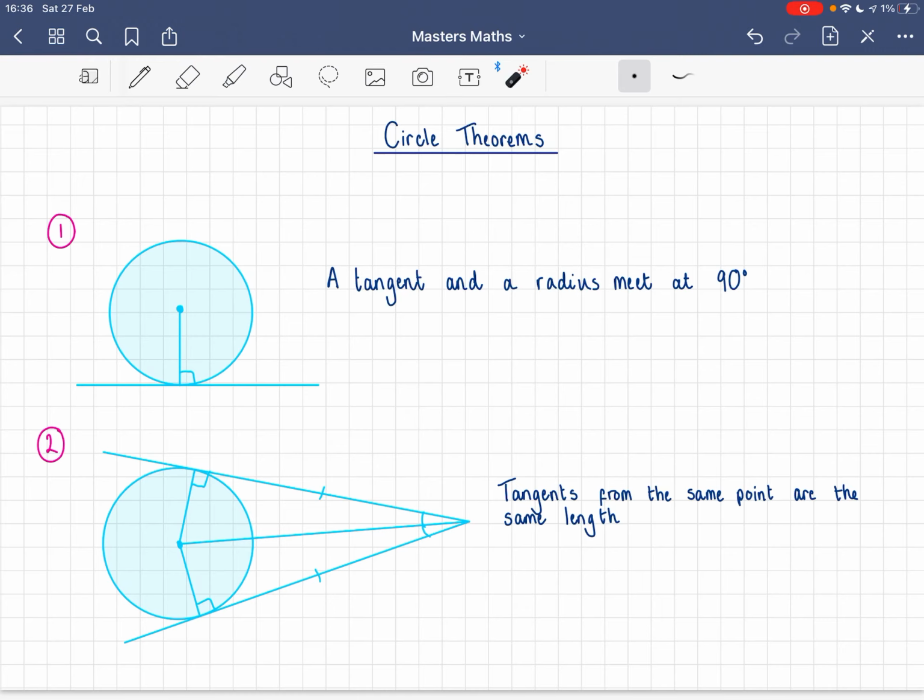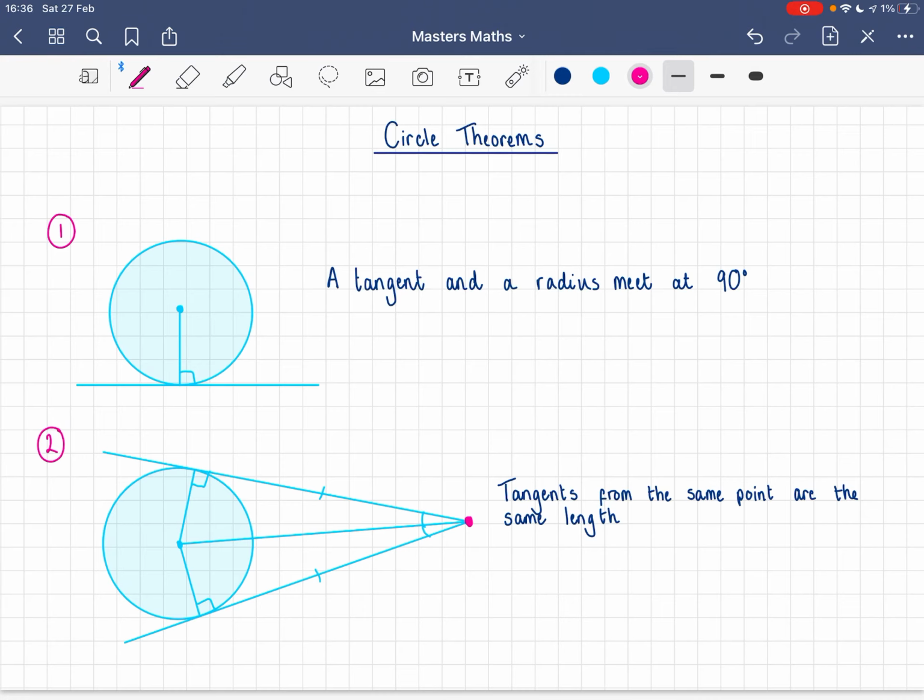So this is your second one. When you have two tangents, these are these lines on the outside, but they are coming from the same point, which would be this point here on the outside. So those two tangents are starting from the same point, and they are meeting the circumference at different places.